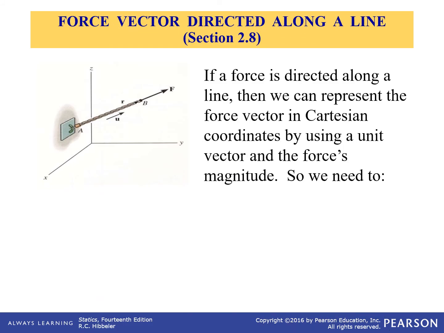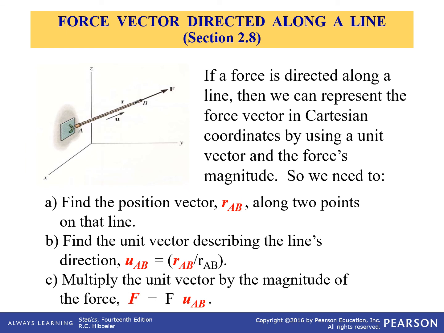So what do we do with that? Here's a case where we have A to B, and there's a force acting along that line A to B. With point A and point B defined, we would find a position vector. We take B minus A to get our X, Y, and Z values.